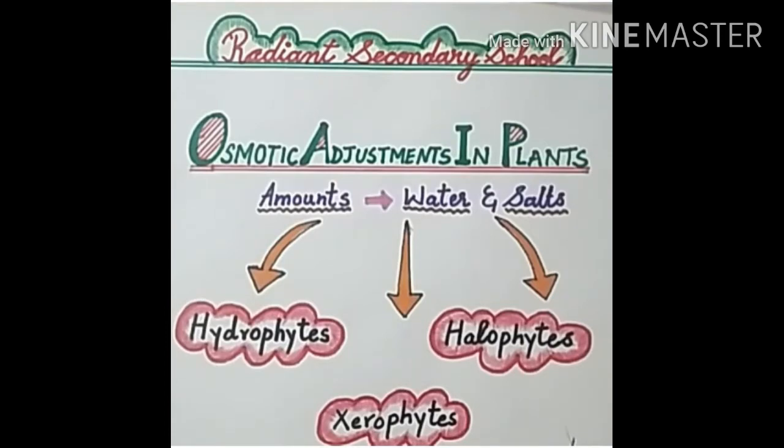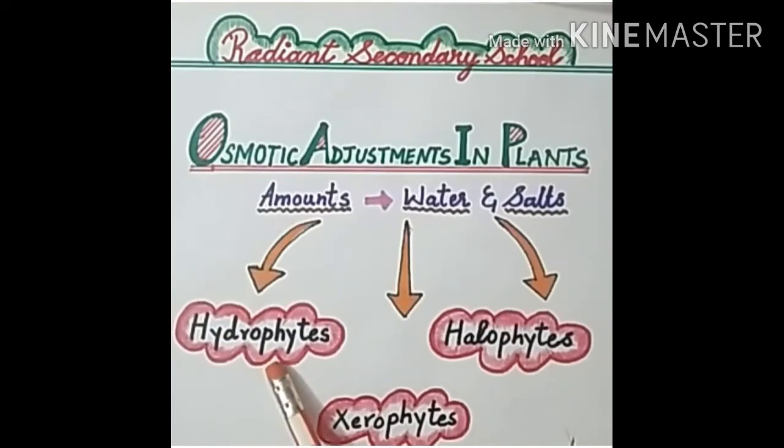Osmotic adjustment means how plants regulate the concentration of water and salts. So, on the basis of the available amounts of water and salts, the plants are divided into three main types. The first type of plants are hydrophytes, then xerophytes, and the third type of plants are halophytes.